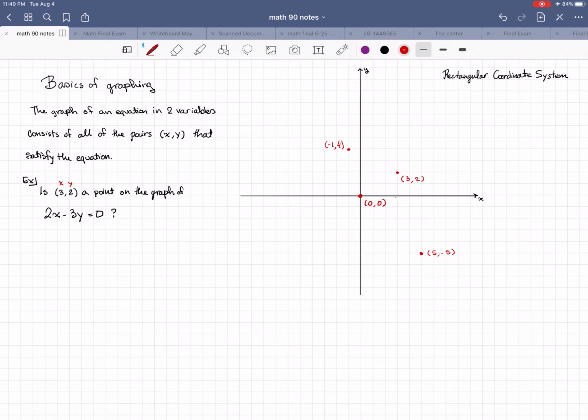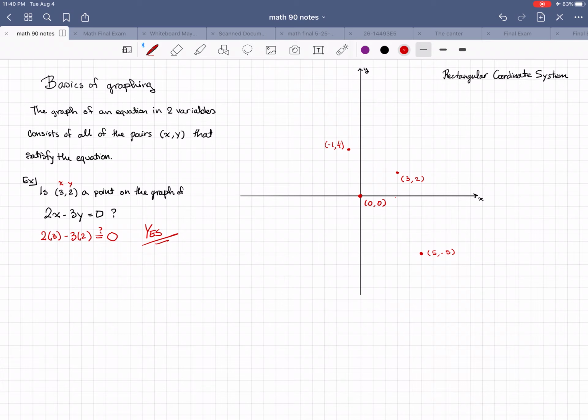So if I replace x with 3 and y with 2, I'm looking to see whether what I get as a result is 0. Well, what do you all think? 2 times 3 is 6, 3 times 2 is 6. Sure enough, 6 minus 6 is 0. So yes, 3, 2 is a point on the graph of this equation.